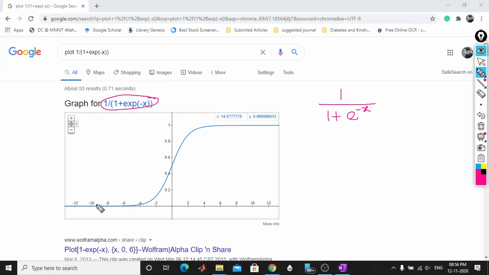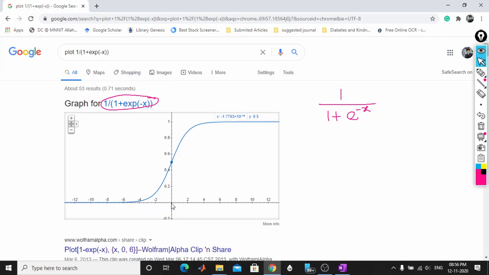This function is drawn here. Okay, just see that if we take x equal to about 0, then you can see the value of y is about 0.5. Just see this slide.